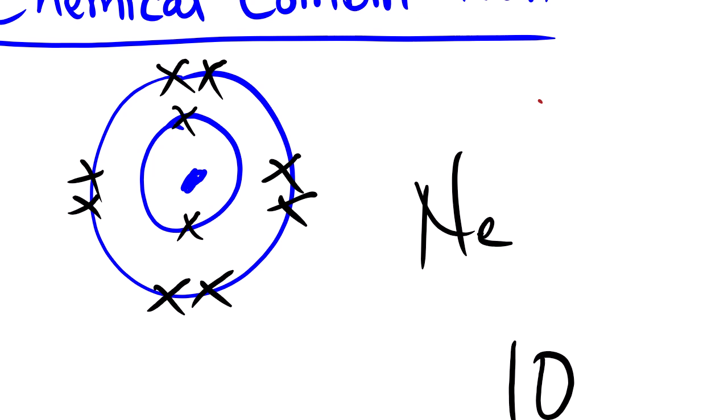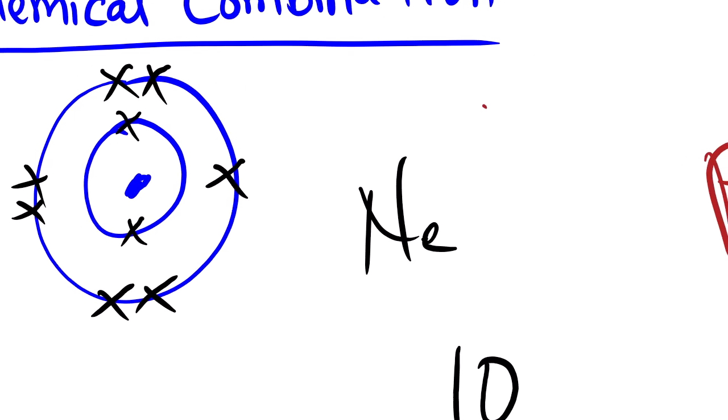Imagine you remove 1 electron here, then this neon is deficient of 1 electron. And if it is deficient of 1 electron, that means protons are more than electrons. Then you will have a positive charge. Why? Because protons are positive and they are more in number than the electrons. But this is not practical, because neon always maintains the 10 electrons.